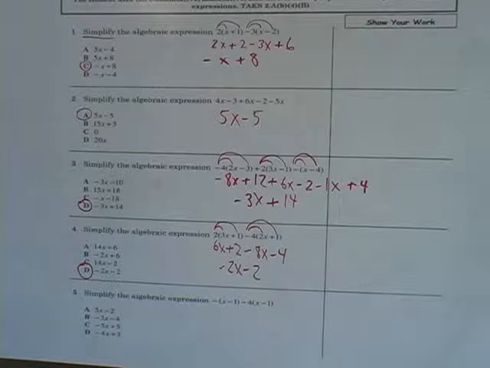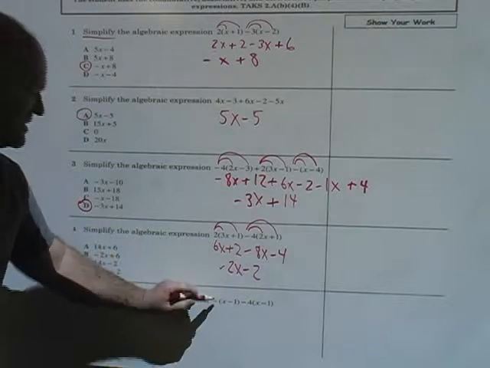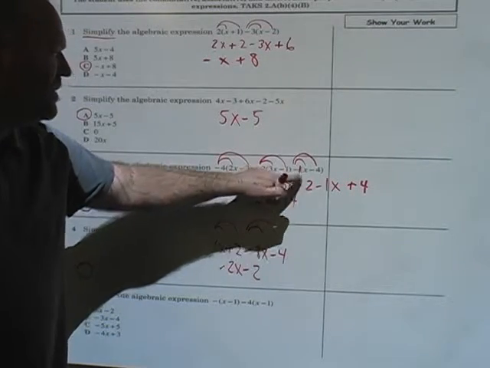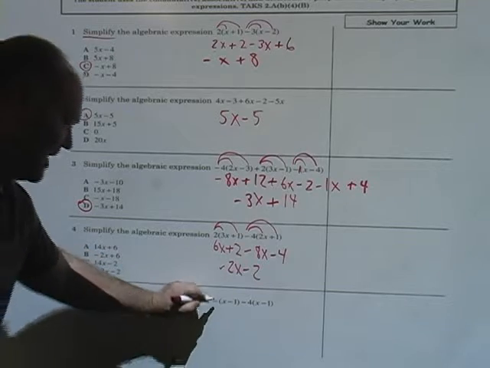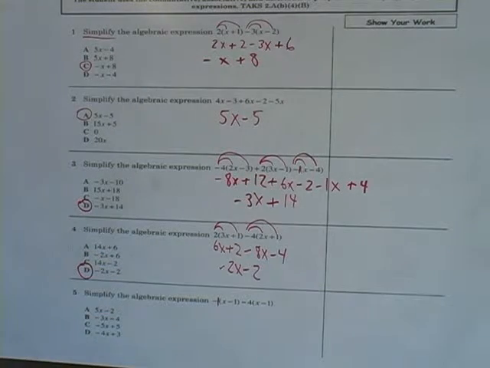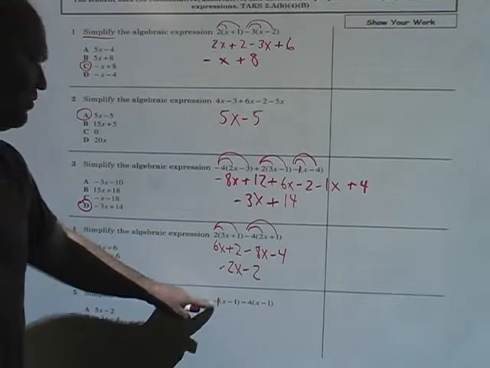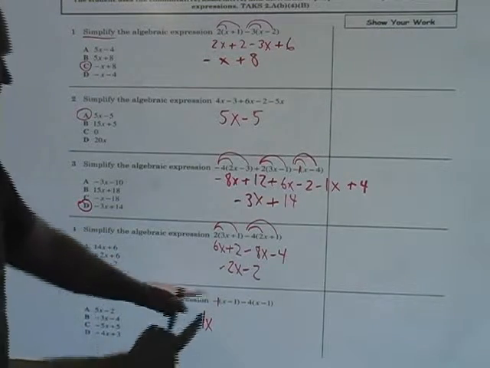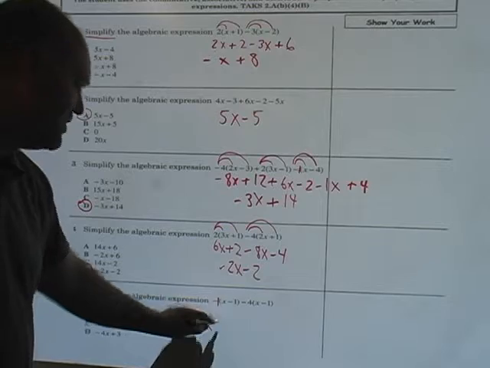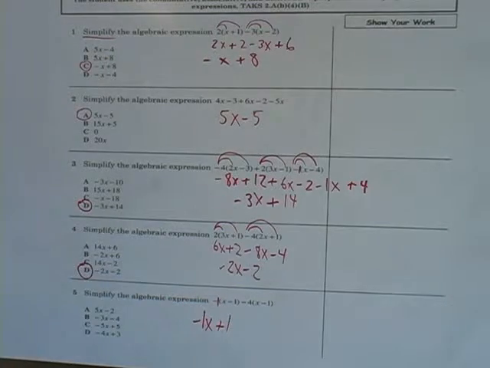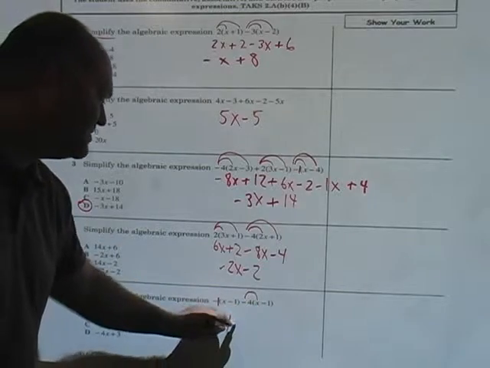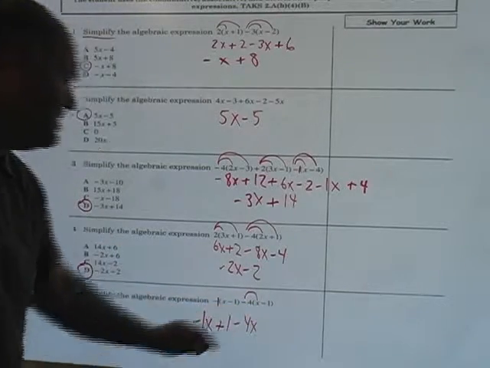Number 5. Okay, remember this is like, just like up here, we said that's like a negative 1. This is like a negative 1. Okay. Negative 1 times x is negative 1x. Negative 1 times negative 1 is plus 1. Negative 4 times x is minus 4x.